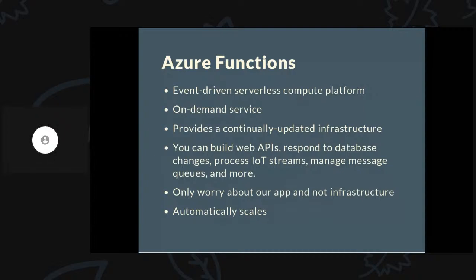If some of the nodes are not doing well, you'll have to bring them down and bring new nodes up. Of course, you can always automate it, but it doesn't take away the fact that you still have to provision and configure it yourself. But Azure Functions, as I mentioned, provides a continually updated infrastructure where they do everything in the background.